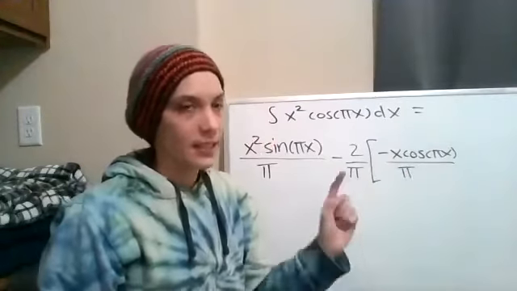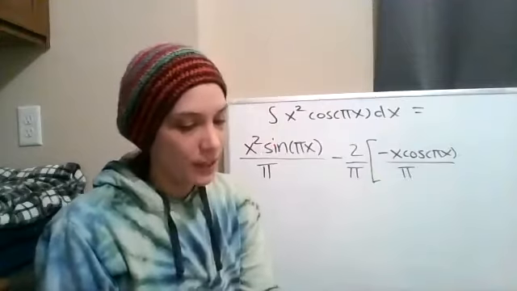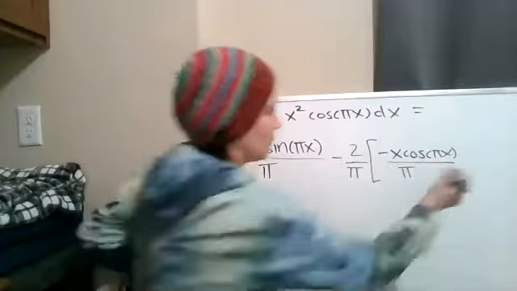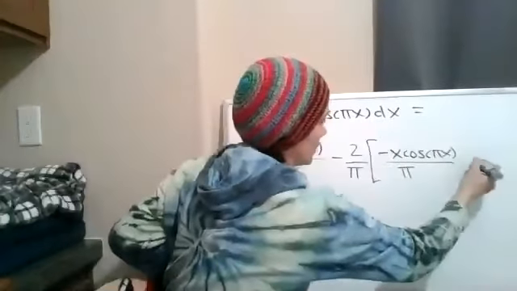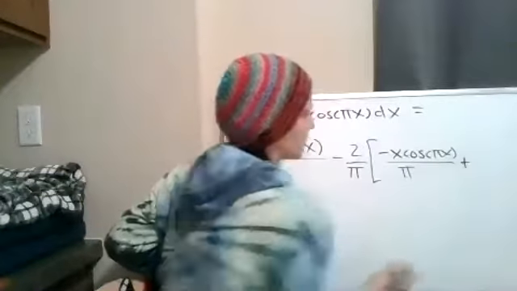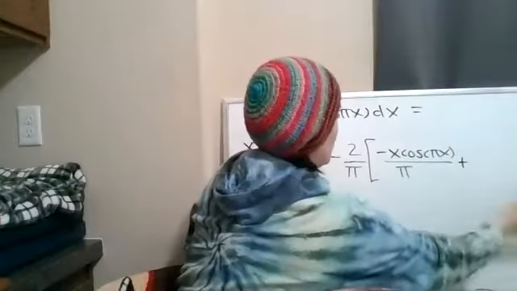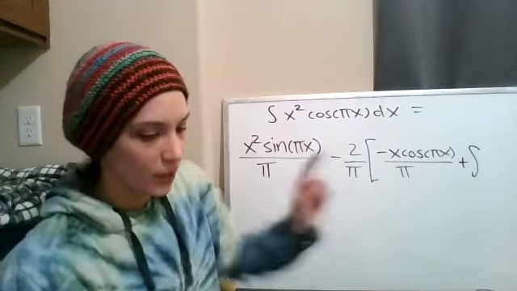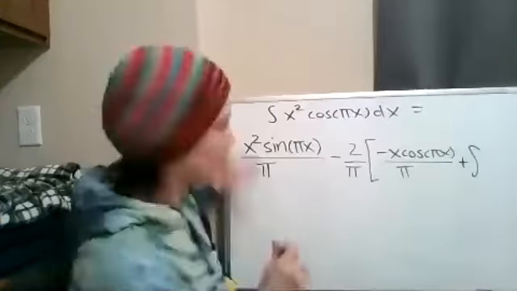And then subtract the integral of negative cosine of pi x over pi dx. So I'm just going to go ahead and put that as a plus, the integral of cosine pi x over pi dx.